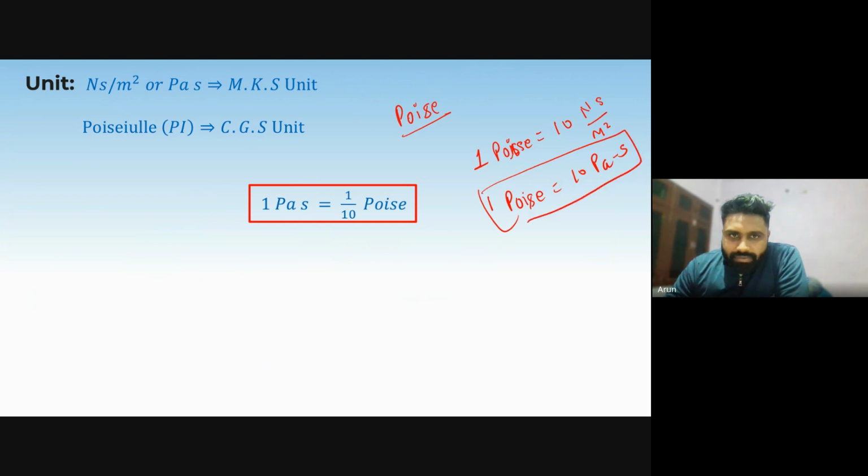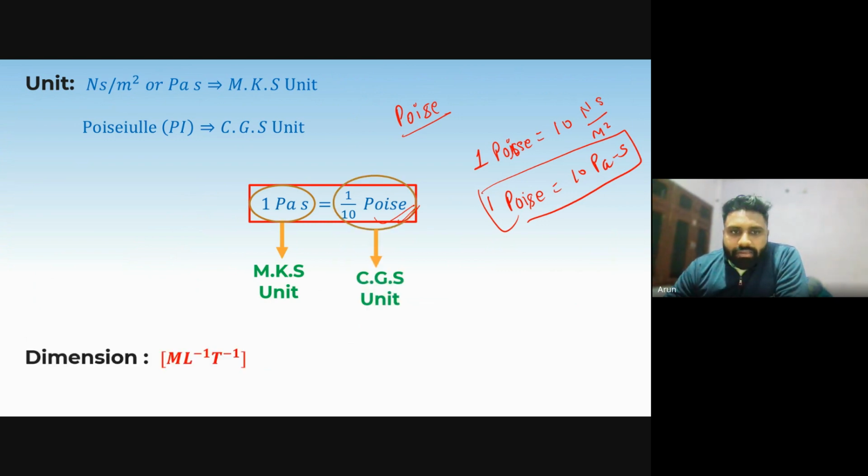Okay, this is important. Poise. What is the dimensional formula of it? M L raised to the power minus 1 into T raised to the power minus 1.